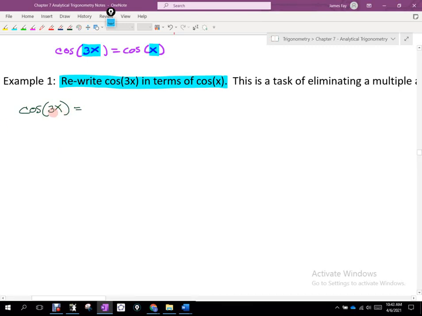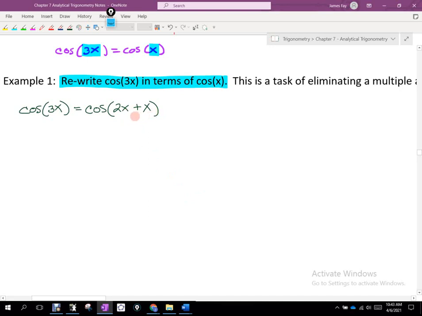You know that 3x is the sum of two smaller things, right? Is that still cosine of 3x? So every single time that I give you an argument that is not 1x, but it's 2x or 3x or 4x or 5x, you can always break it down into a sum.